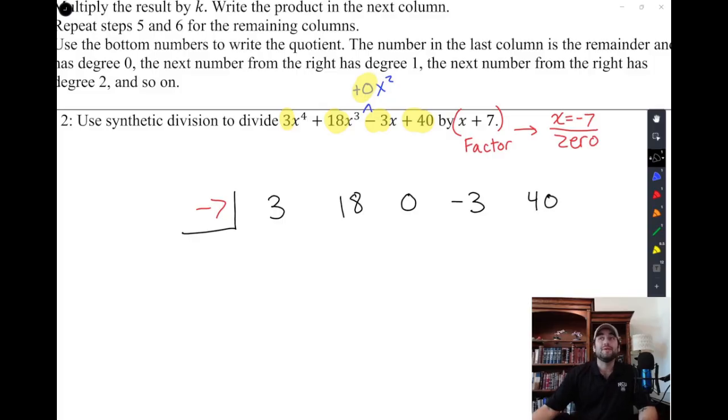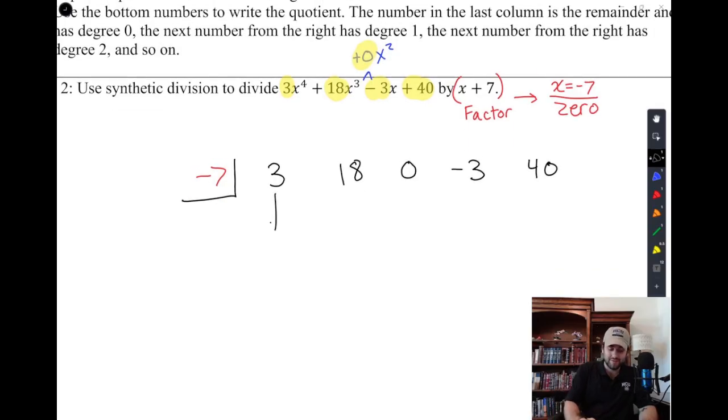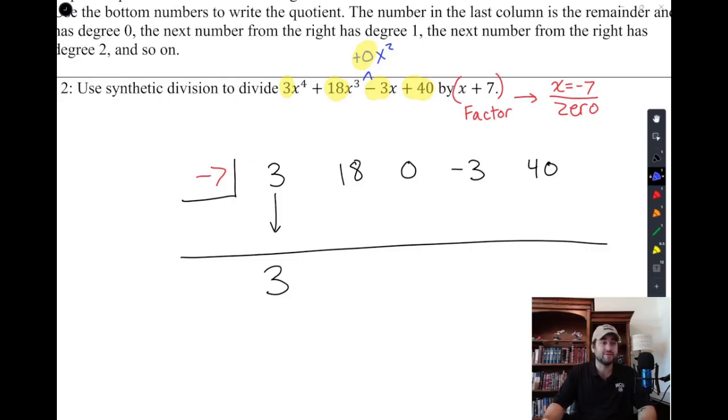And then we're going to drop down the first coefficient, so it's just a 3. And now's where the process happens. We're going to always multiply along this blue arrow, and then we're going to add along this red arrow. And we're just going to do it over and over again.